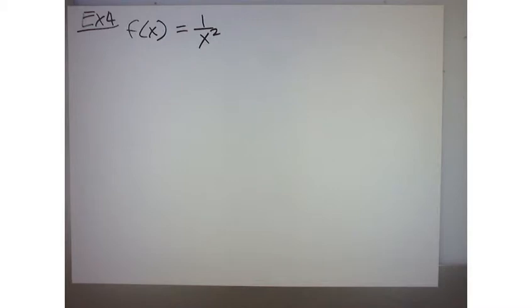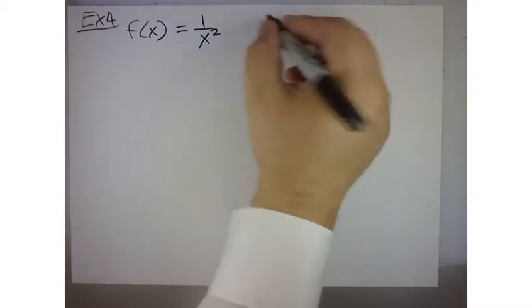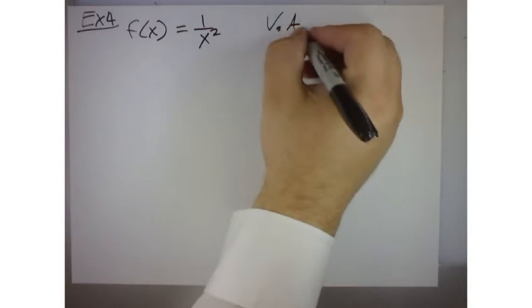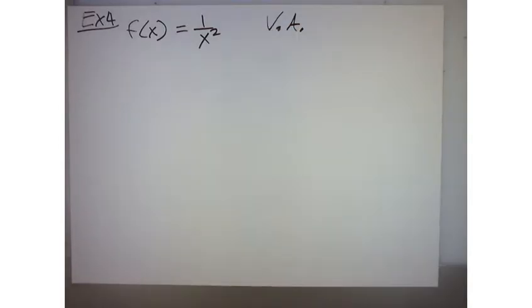All right, for example number 4, we're going to talk about vertical asymptotes. Example number 3 had a horizontal asymptote that occurred at 5. A vertical asymptote usually occurs when we have x in the denominator and the values of x make that denominator equal 0.